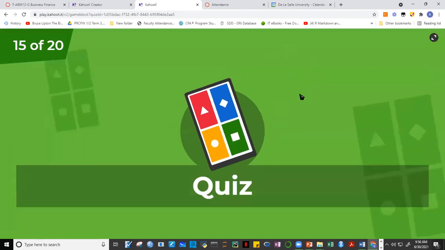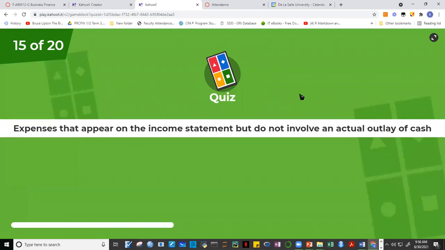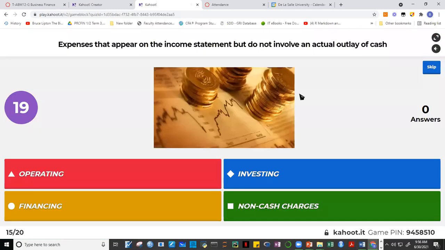Next. Question number 15, expenses that appear on the income statement but do not involve an actual cash outlay.